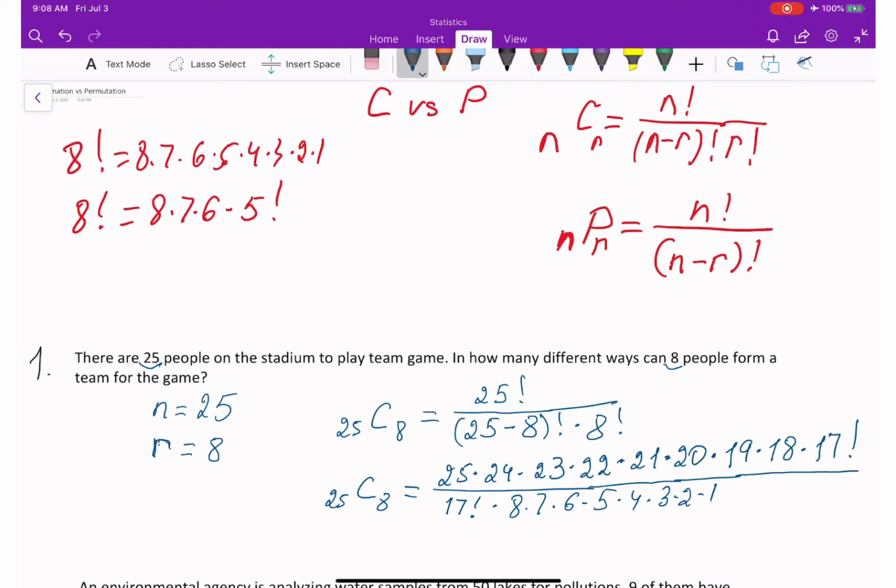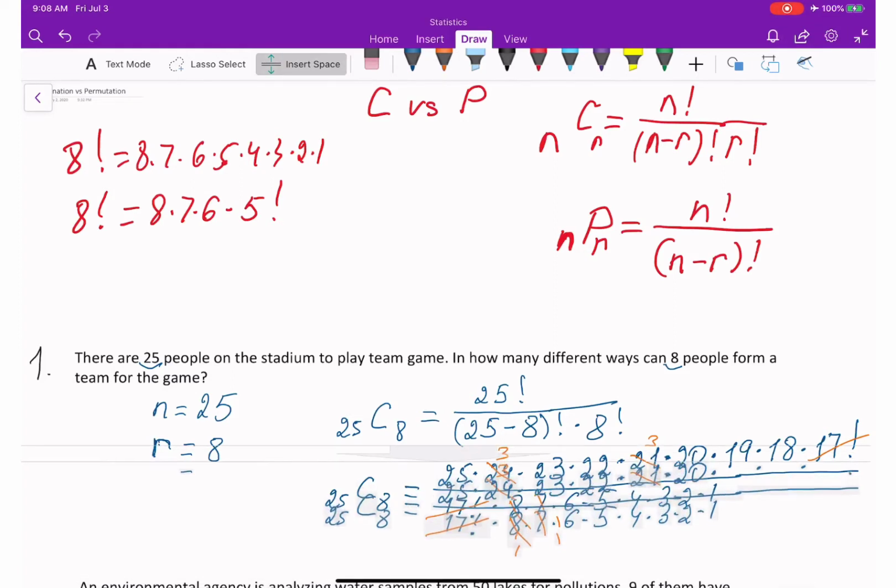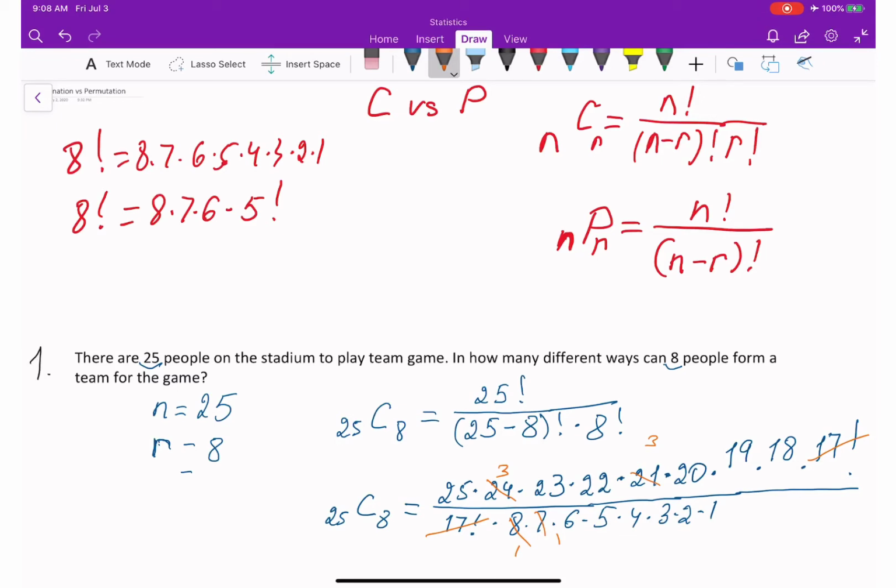Okay, so canceling here. 17 with 17, that's number 1. Then what do we have? 8 with 24, this is 1, this is 3. What else? 7, this is 1, this is 3. 6 and 18, it's going to be 3.